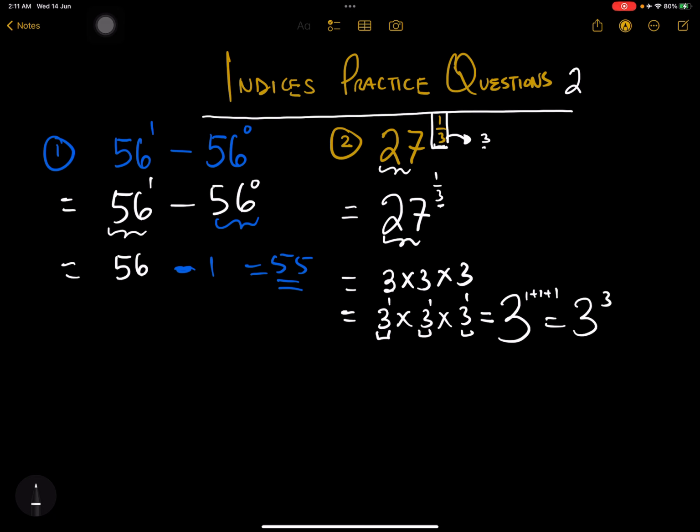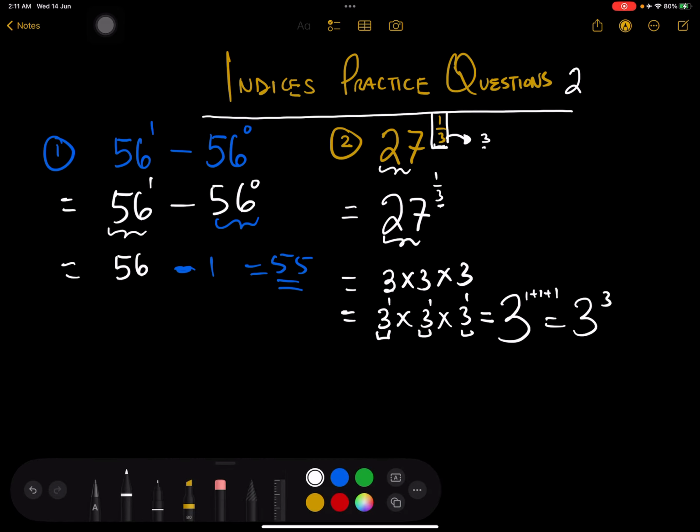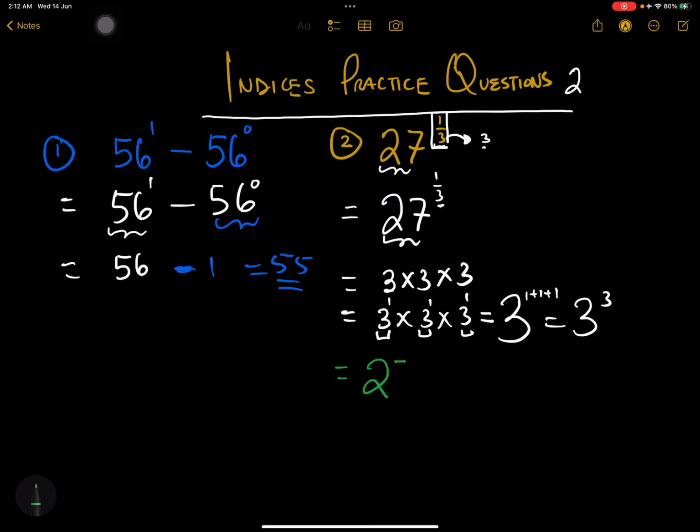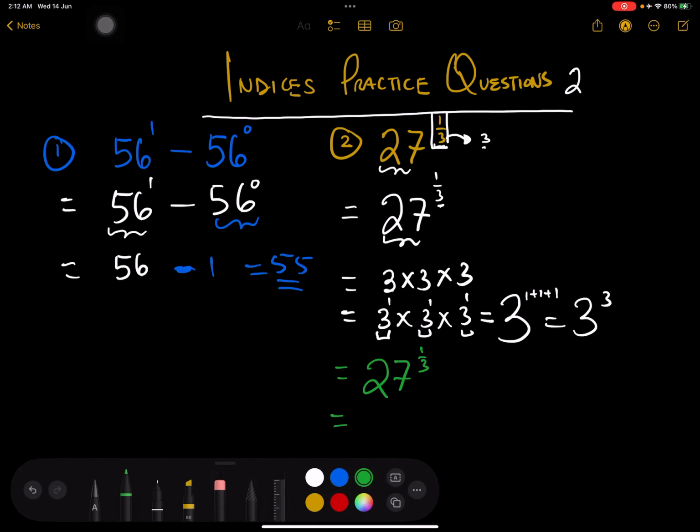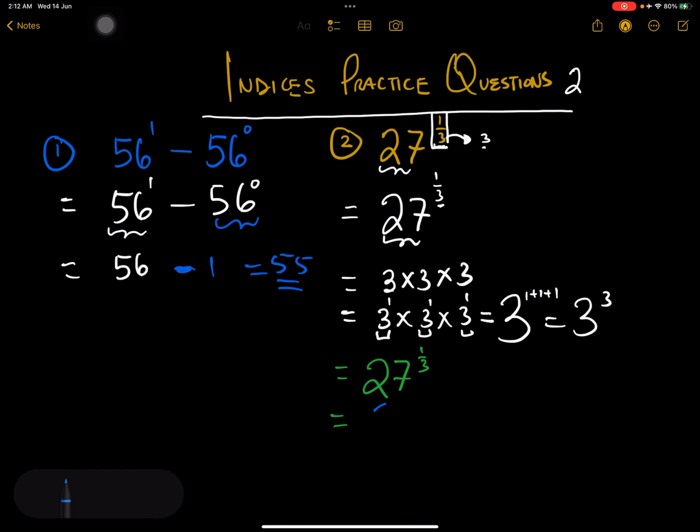So we can easily say that 27 to the power of 1 over 3 is the same as 3 to the power of 3, and then the exponent or the power there is 1 over 3.